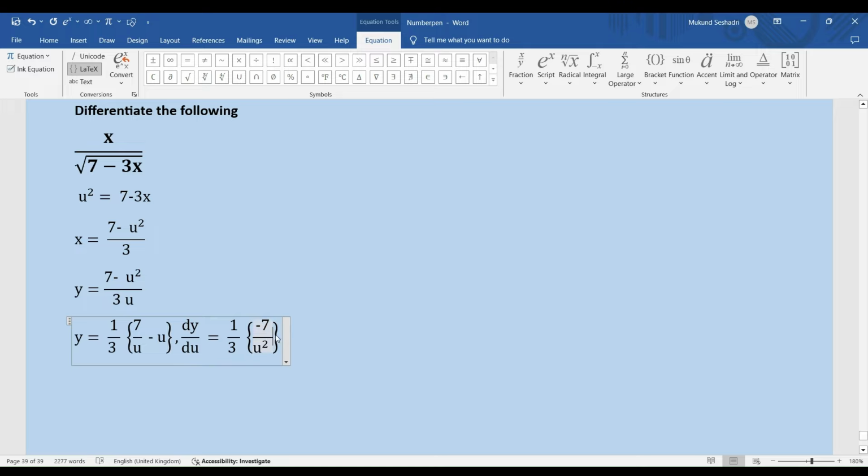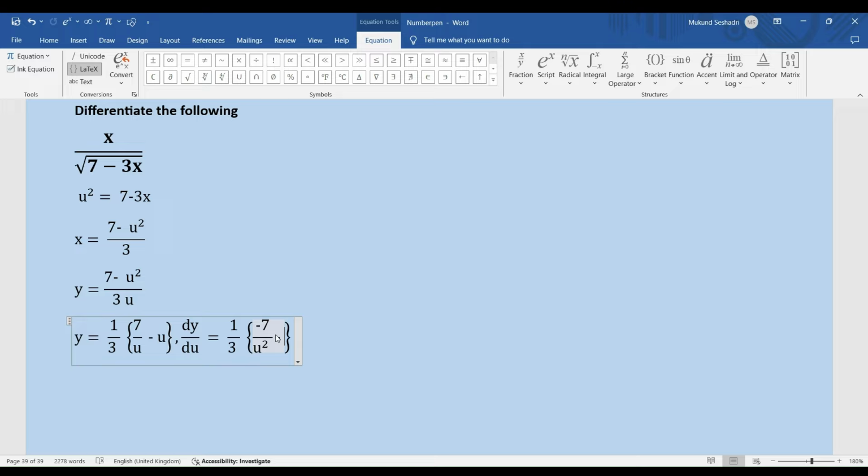And why is that? Because I'm again applying the formula d by dx of x to the power n equals n times x to the power n minus 1. So what is n in the case of 1 by u? My 1 by u can be written as u to the power minus 1, right? So my n becomes equals minus 1, and therefore when I do d by dx of u to the power minus 1, I have minus 1 times u to the power n minus 1, which is nothing but minus 1 minus 1.